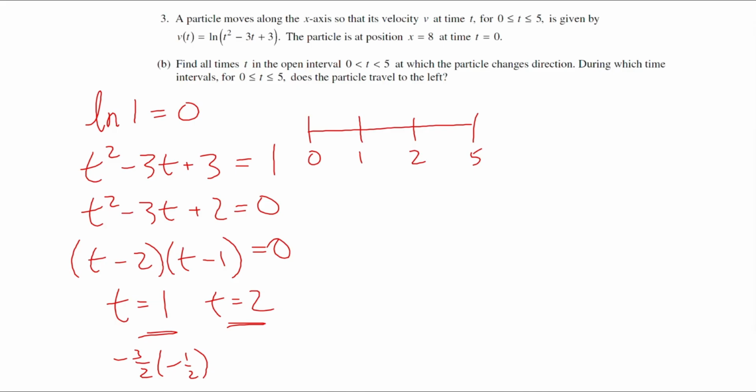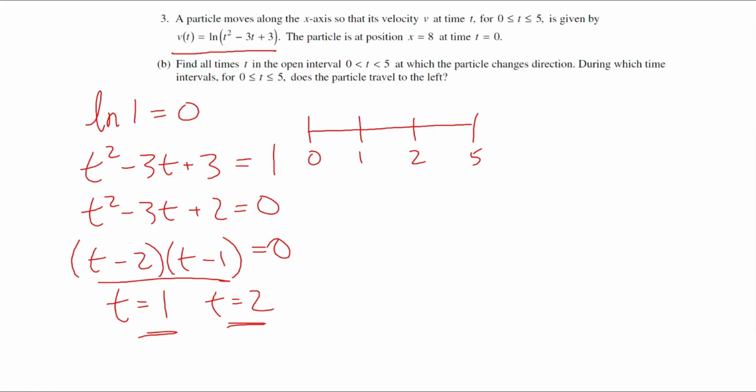Negative 3/2 times negative 1/2 should be positive 3/4. But I actually did not put that into the right thing. We should be careful here. If we're putting in 1, we've got to put it into the actual velocity function. I was putting it into my equation that I solved.